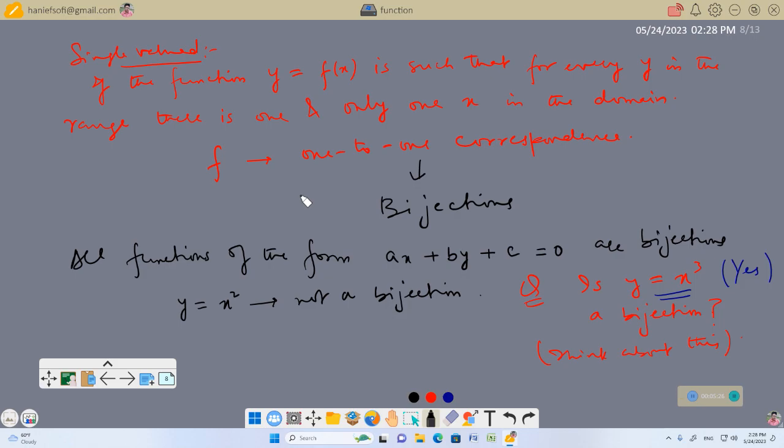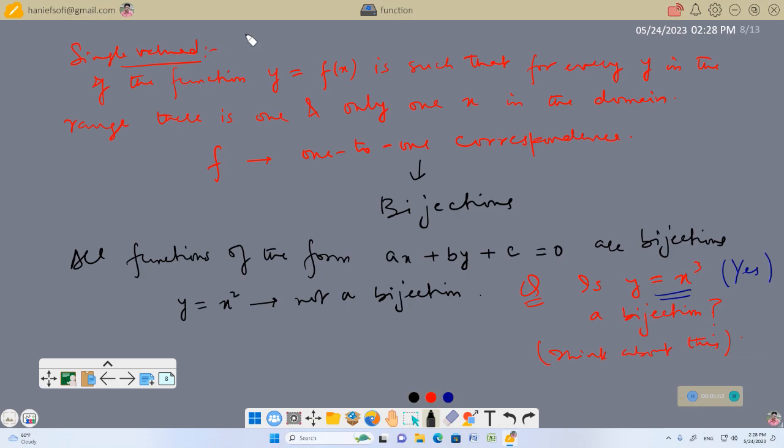Now, there was a mix-up between single valued function and bijection. Remember, all bijections are single valued, but all single valued functions are not necessarily bijections, right? So a single valued function is different from a bijection.